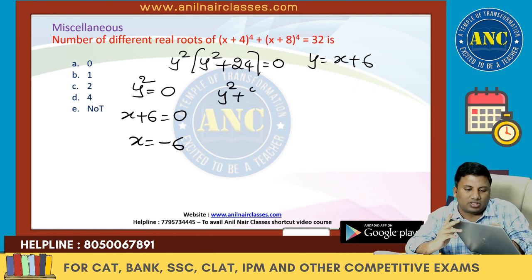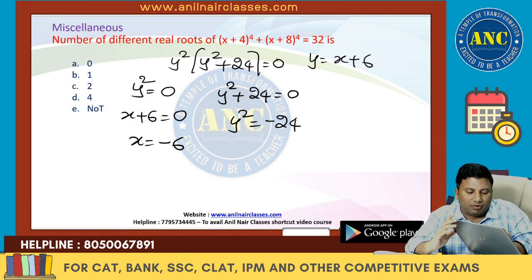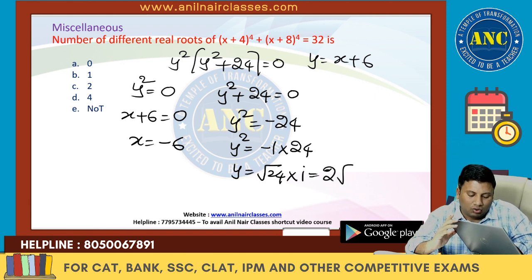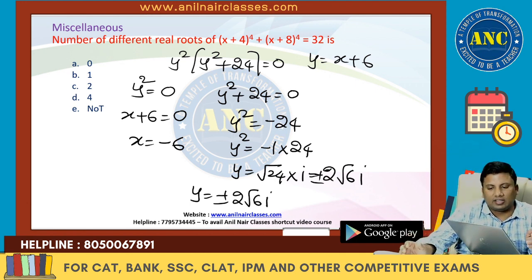Now y square plus 24 equivalent to 0, so y square equivalent to minus 24, which is minus 1 into 24. y equivalent to root 24 into i, which is nothing but 2 root 6i. So y will be plus or minus 2 root 6i. Here it is minus 6, here it is minus 6.